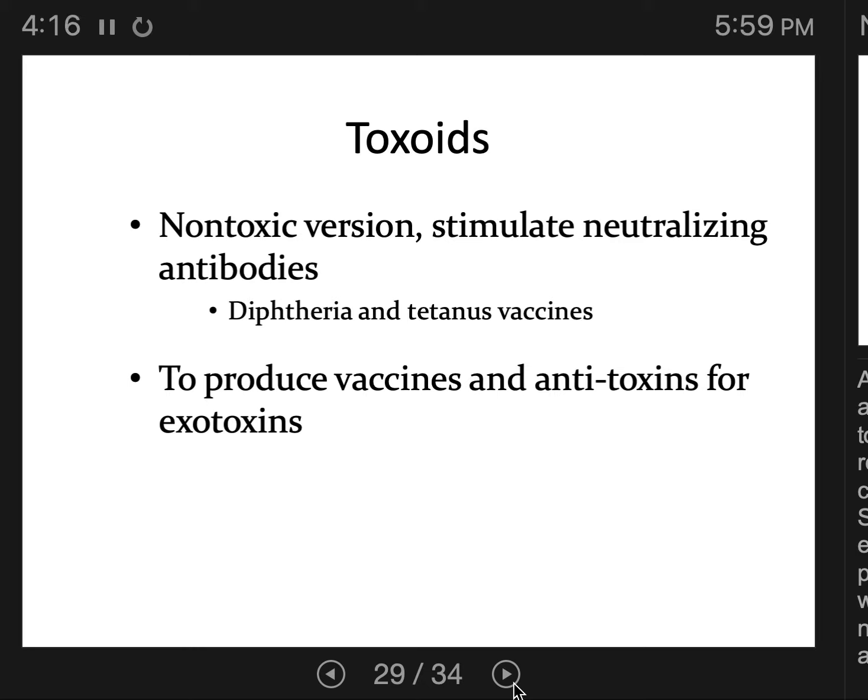But for some bacteria, like Clostridium botulinum, or Clostridium tetani for that matter, the toxin is so potent that it can kill you before you have a chance to produce any antibodies to neutralize it. So to deal with that, what you can do is you can go get a vaccine. So for diphtheria and for tetanus, the vaccine is actually a toxoid.